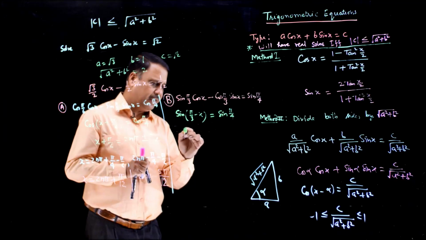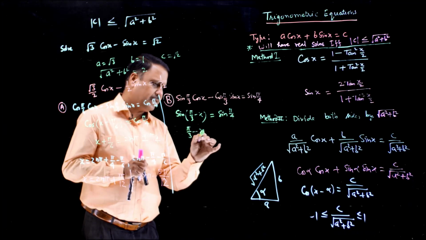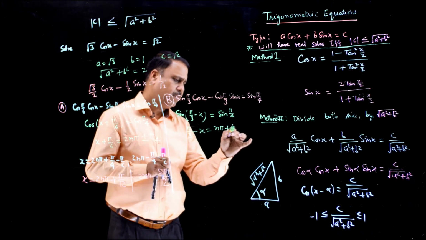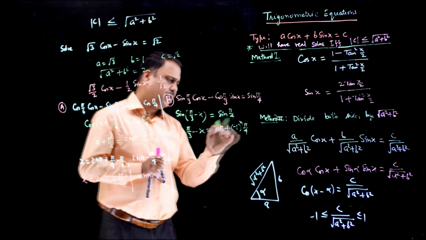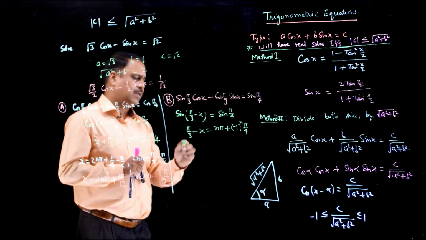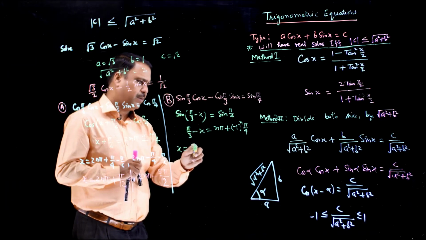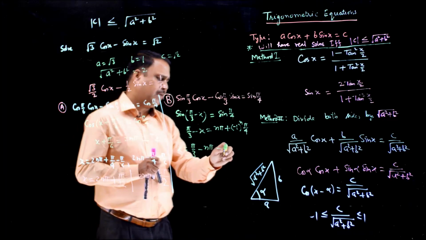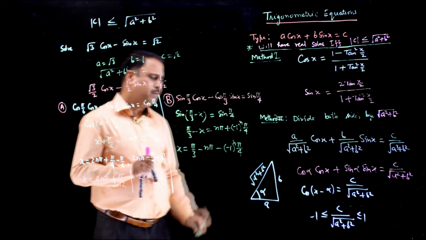So I can write pi by 3 minus x is equal to n pi plus minus 1 raised to power n into pi by 4. You can transfer all the terms to this side. This will give me another answer. So x is equal to pi by 3 minus n pi minus 1 raised to power n into pi by 4.